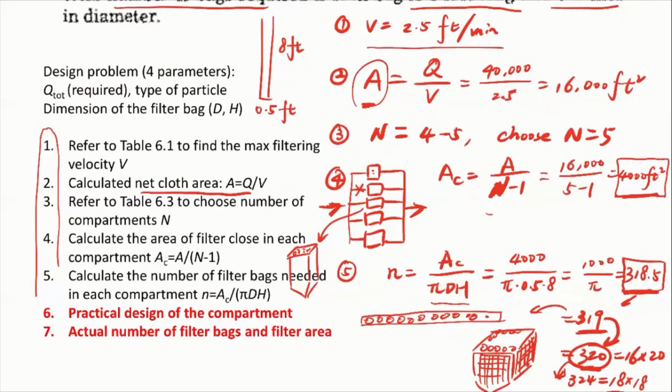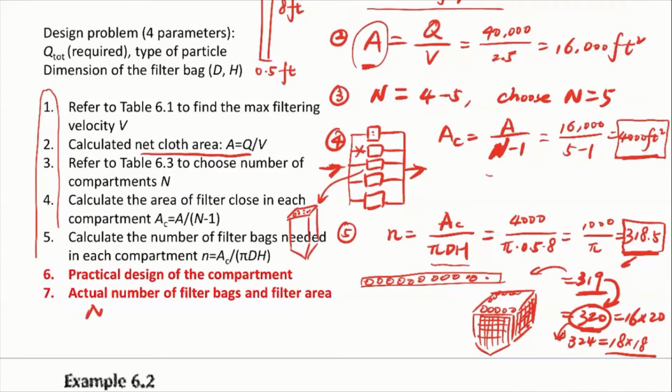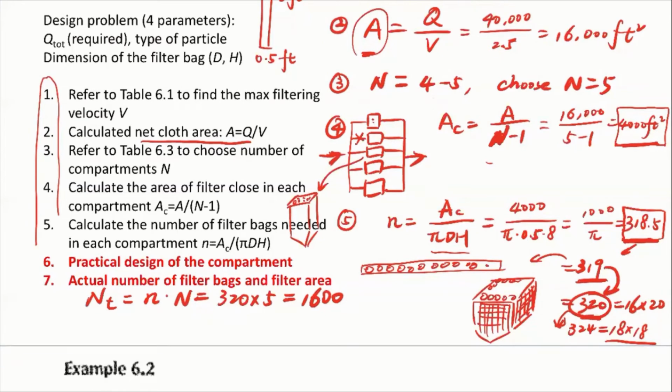So we have to back calculate the total number of filter bags and also the total area of the cloth. The way we can do that is first to calculate the total number of the filter bags: we multiply n by the number of compartments, which is the capital N, multiplied by 5. That's 1,600 filter bags required, right?